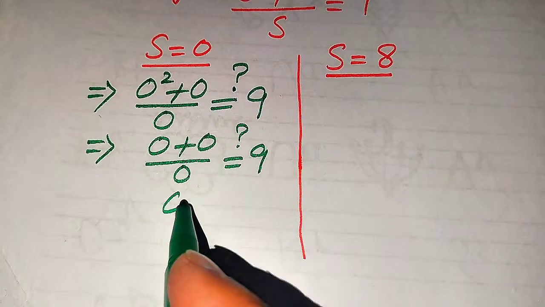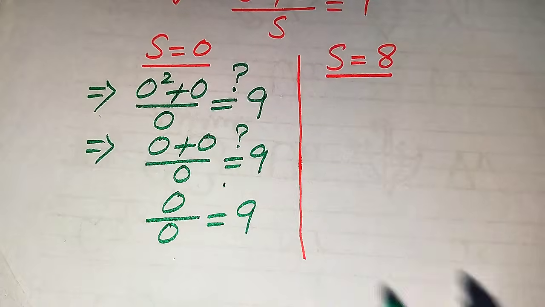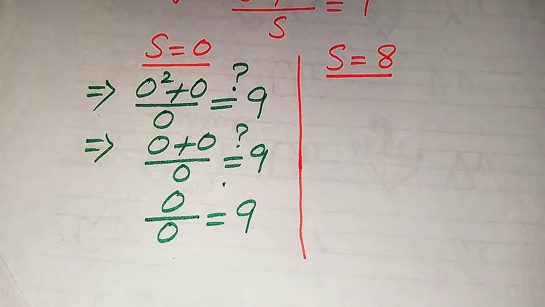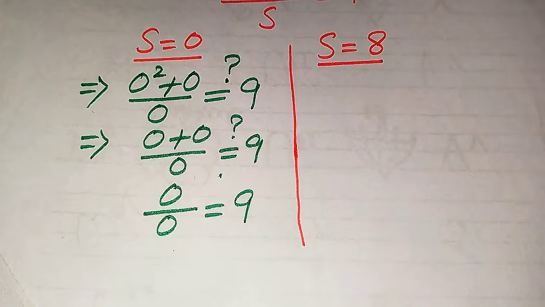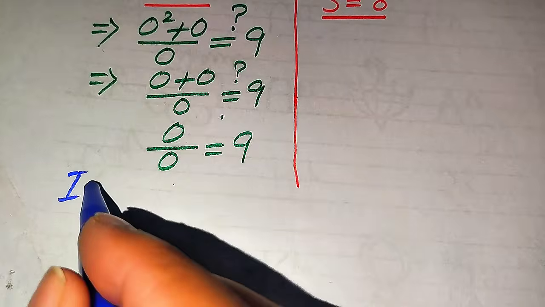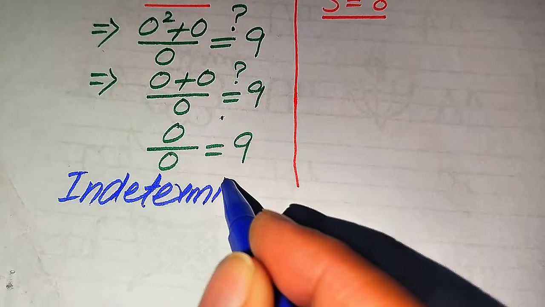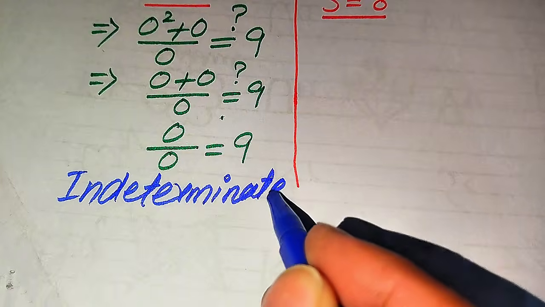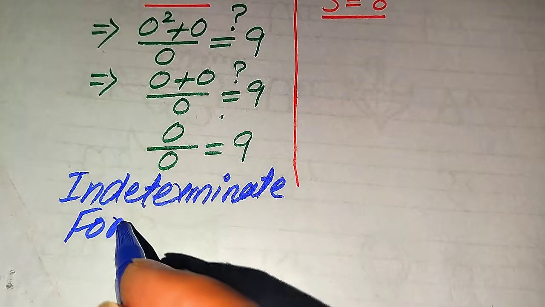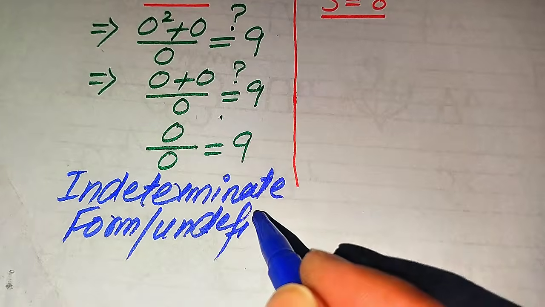And 0 plus 0 becomes 0 over 0 form is equal to 9. Here you clearly see that the left hand side is 0 over 0 form, and usually we call it the indeterminate form. So if our left hand side is an indeterminate form, or in other words undefined form.